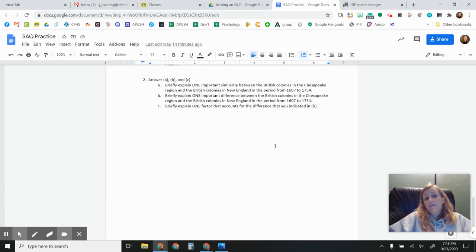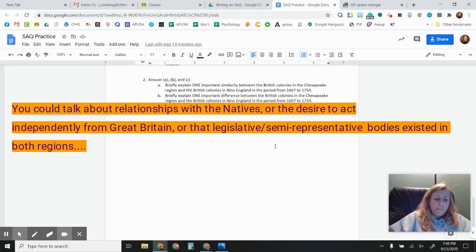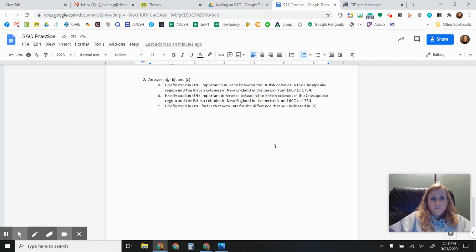You could also talk about indentured servitude maybe happening in both areas. So you're looking for that one similarity, but then give a specific example. So again, for A, answer the question, explain your answer, give a proper noun example. B, answer the question, explain your answer, give a proper noun example.